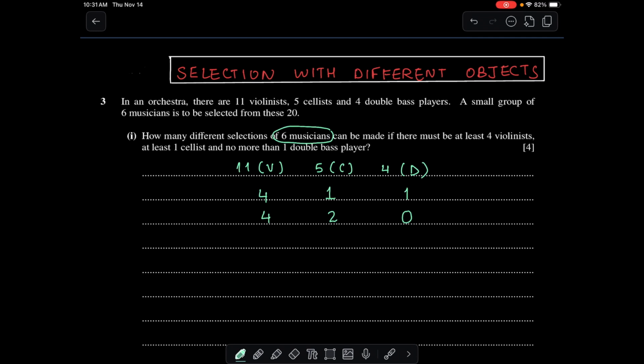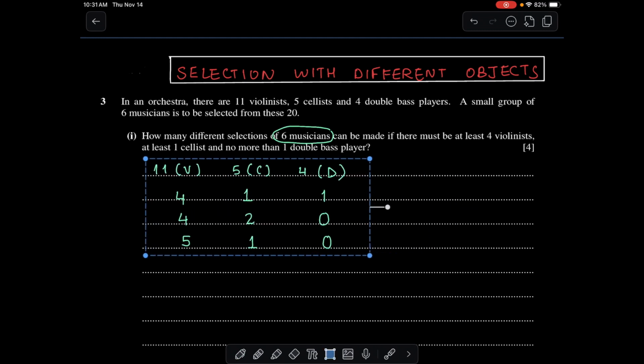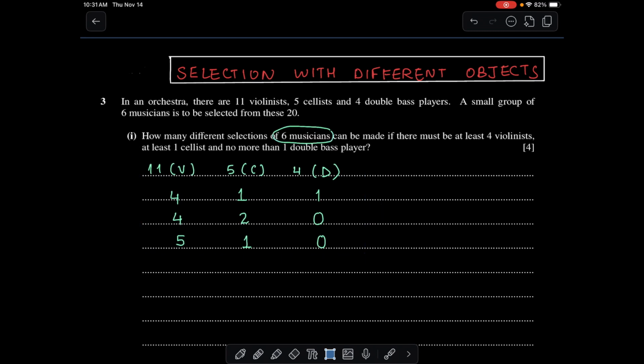Or we can have 5 violinists, 1 cellist and 0 double bass players. So I think these are the different selections that we can have. Now we need to calculate what is the total for these selections.